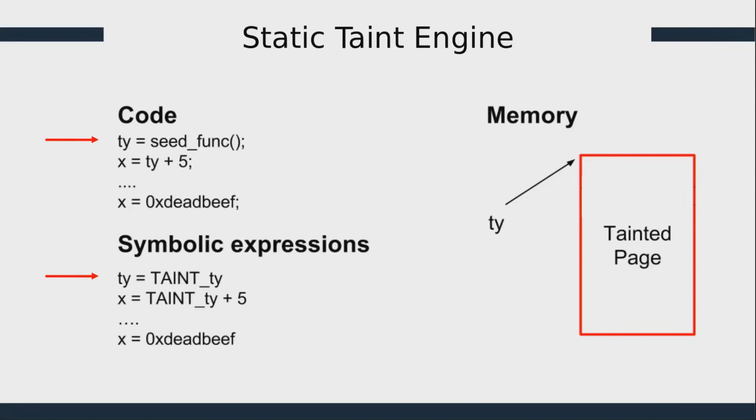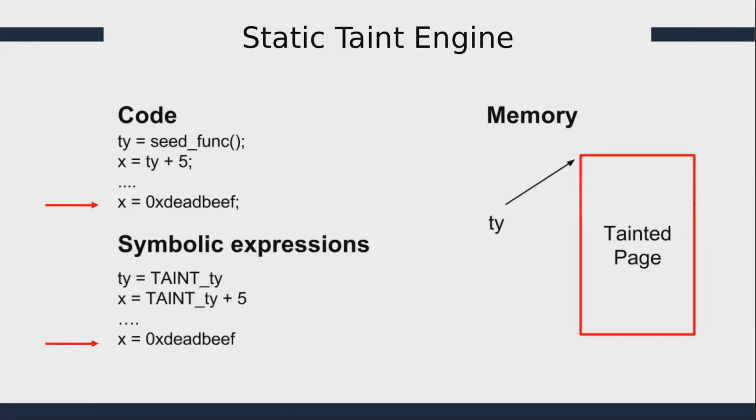In a symbolic world, what we do is create a symbolic variable ty and assign to it a tainted variable that we call taint ty, which is the taint tag ID. The next instruction, x, takes the value ty plus 5, and in a symbolic world, we just follow the data flow, and x gets assigned taint ty plus 5, which effectively taints x also.